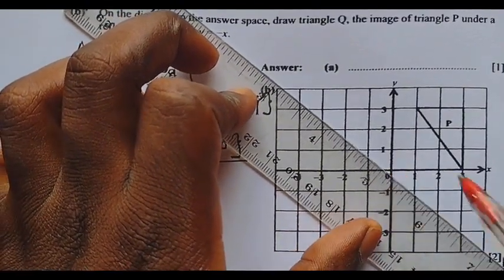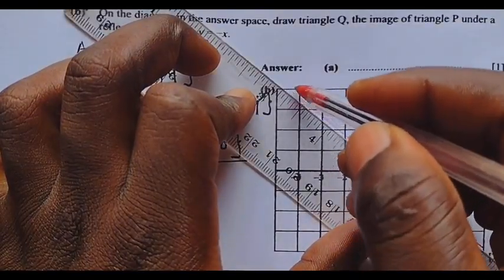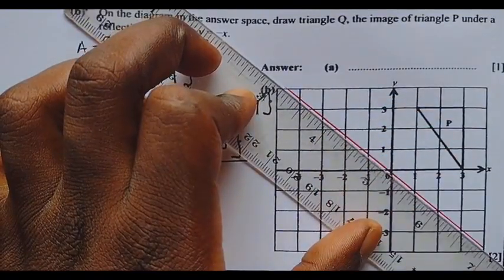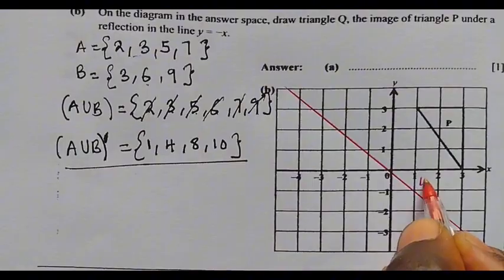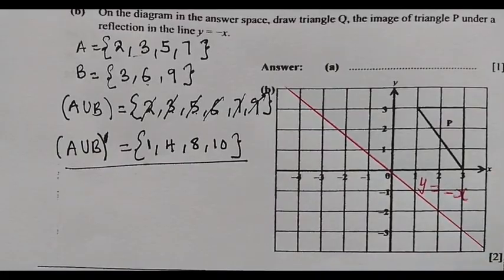I want you to see clearly. This is where it will pass. So this is the line y is equal to negative x, like this.